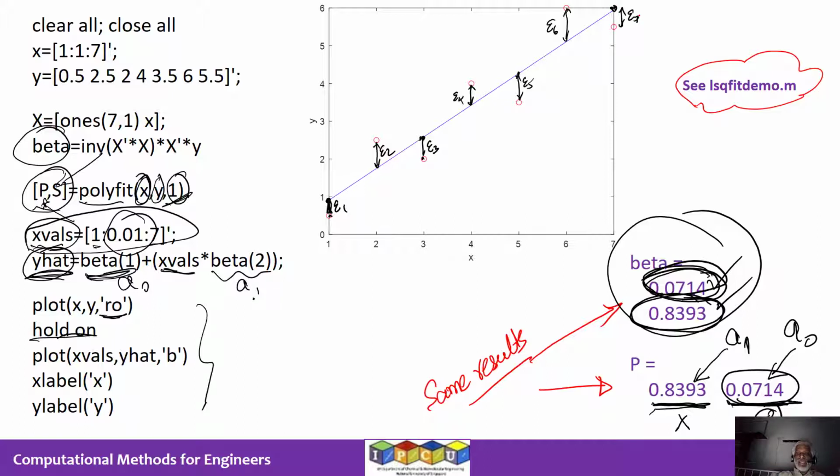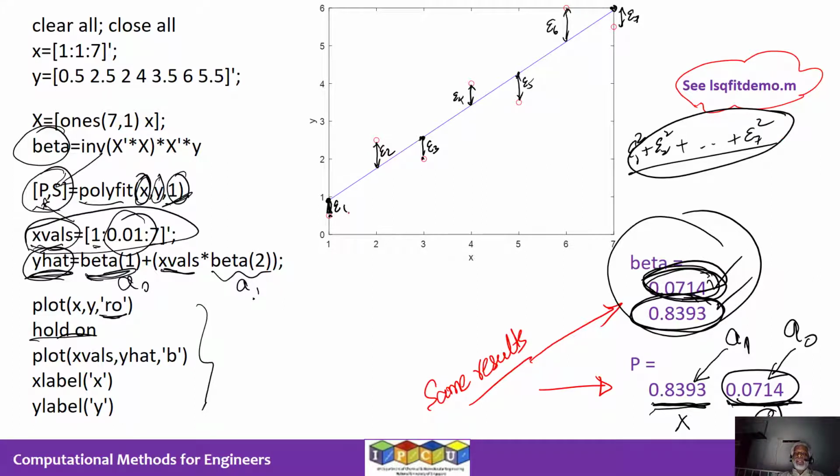So this line minimizes epsilon 1 squared plus epsilon 2 squared all the way till plus epsilon 7 squared. We don't minimize epsilon 1 plus epsilon 2 plus all the way to epsilon 7 simply because we do not want negative errors to compensate for positive errors. We want to penalize both the negative errors and the positive errors in the same way.